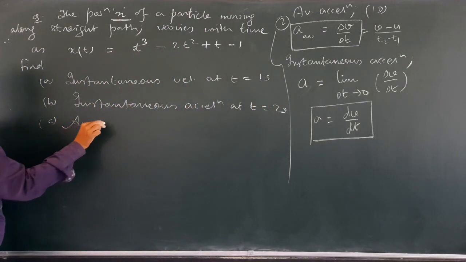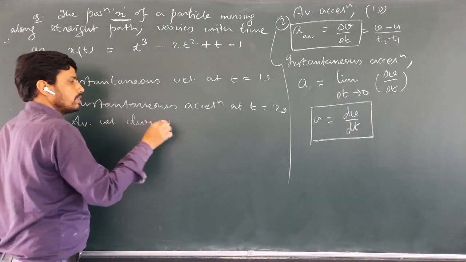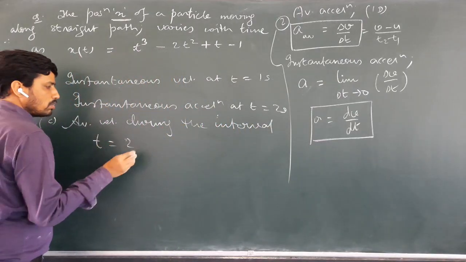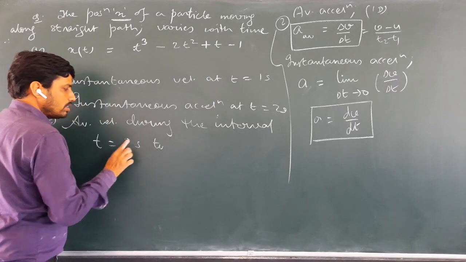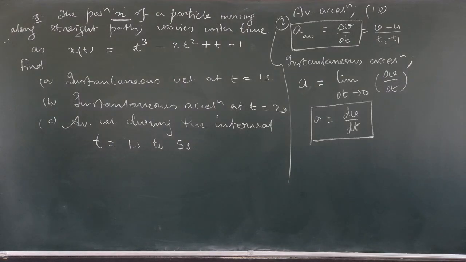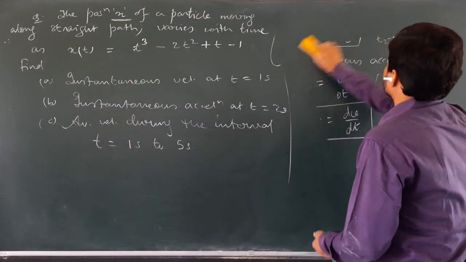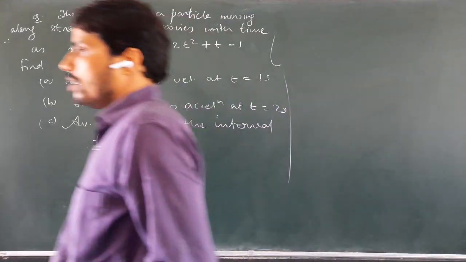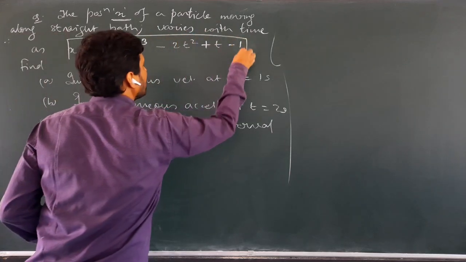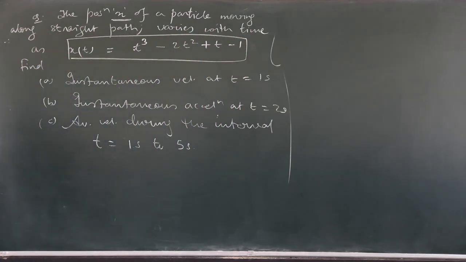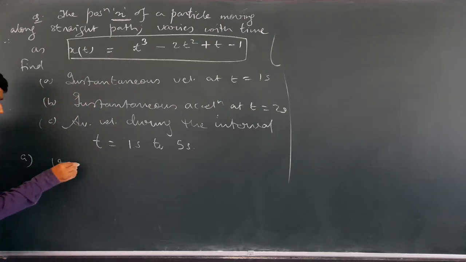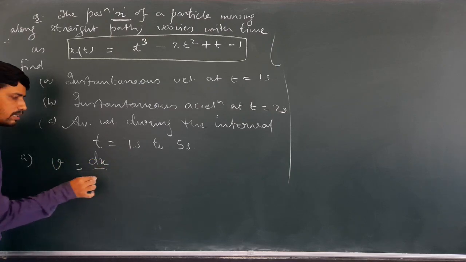Average velocity during the interval t is equal to 1 second to 5 seconds. Let us try to understand this question. The first thing that is given in this question is this. Number A, what is asked in the question? Instantaneous velocity. What is the formula for instantaneous velocity? dx by dt.